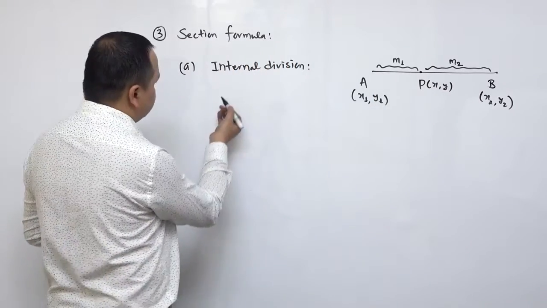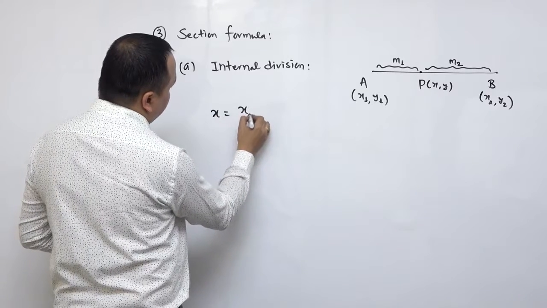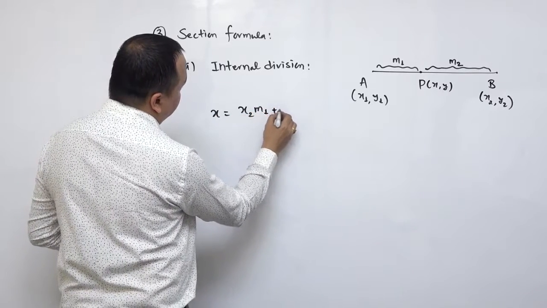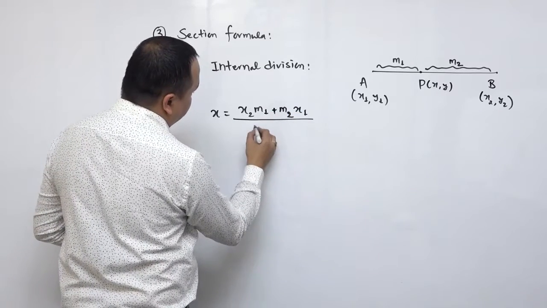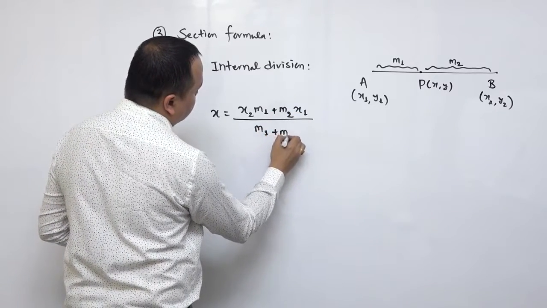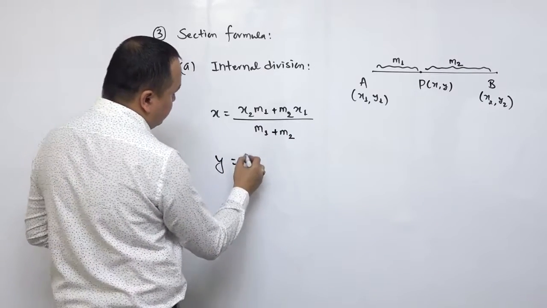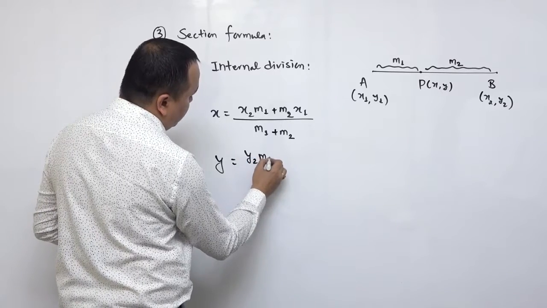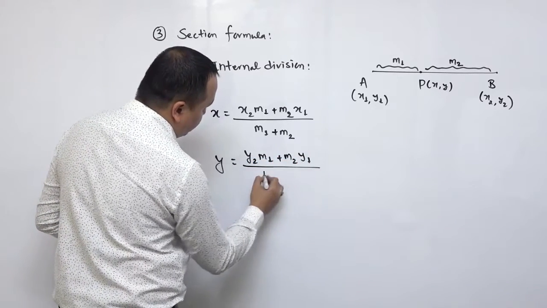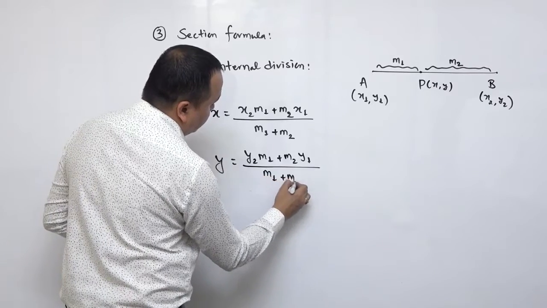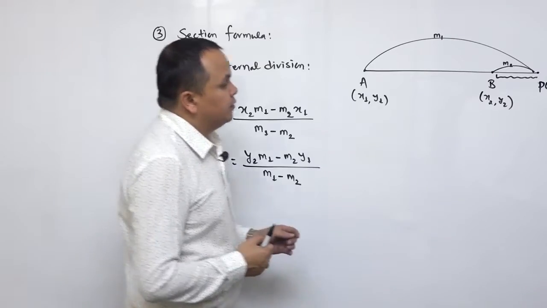Then for internal division, x is equal to (x2 m1 plus m2 x1) divided by (m1 plus m2). Similarly, y is equal to (y2 m1 plus m2 y1) divided by (m1 plus m2). For external division, here P is outside.